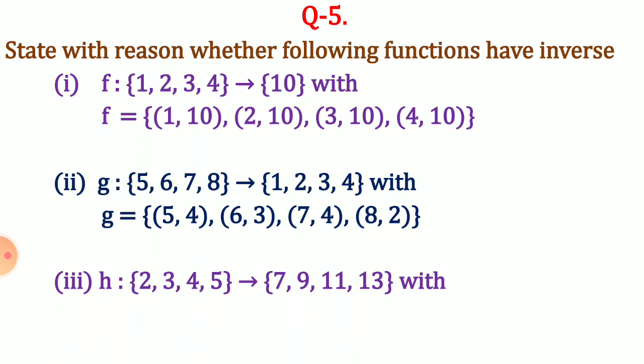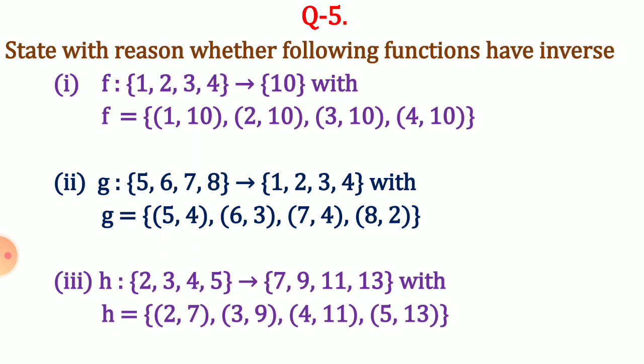Here h is the ordered pairs (2,7), (3,9), (4,11) and (5,13). So for every x in the domain, h of 2 is 7, h of 3 is 9, h of 4 is 11 and h of 5 is 13.